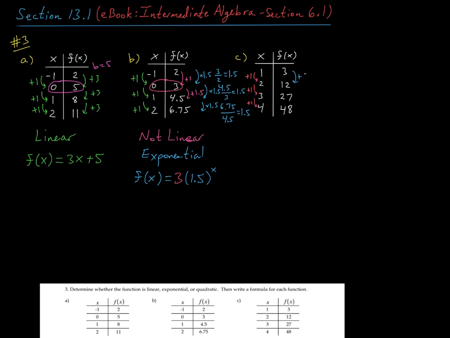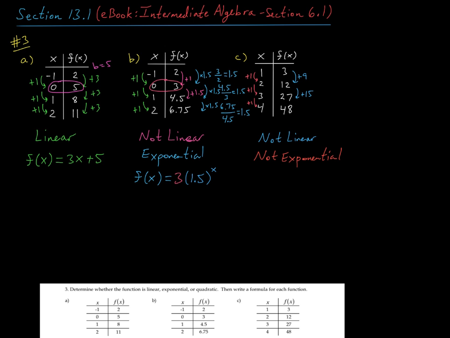I'll go ahead and say this is plus 9 and this is plus 15. You could go ahead and check 12 to 3, 27 to 12, 48 to 27. There's not a constant ratio, so it's not exponential either. So it ought to be, according to the wording of the question, quadratic.